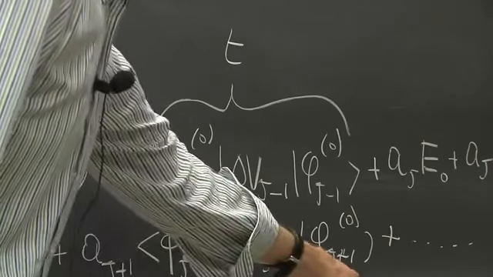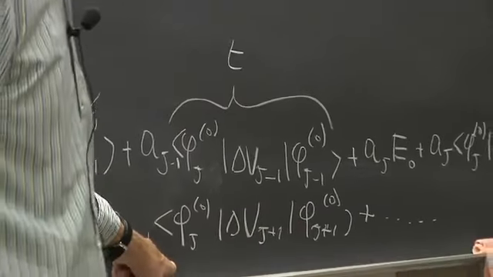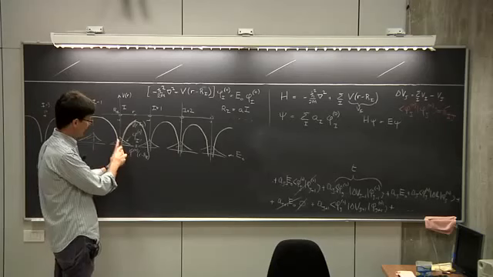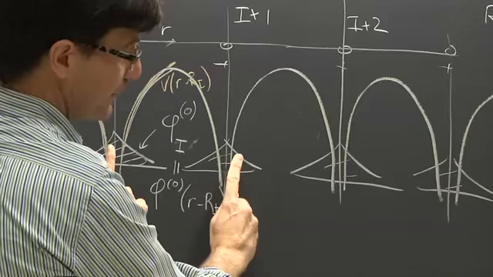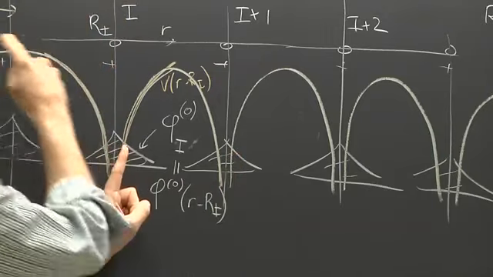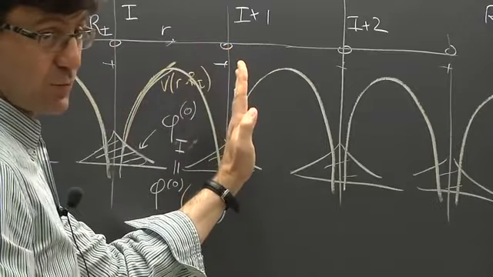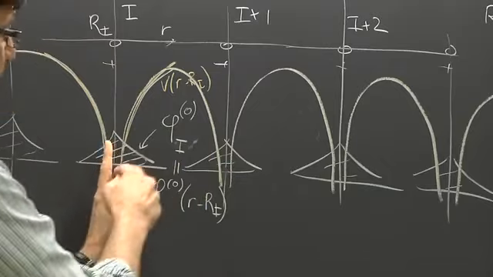Let's see, this term here now, the last one. What is it? Phi j, phi j at a given site. Phi at another site. Delta V j plus 1. So it's the green potential, but now centered here, j plus 1. Okay? Wave function at the nearby site.